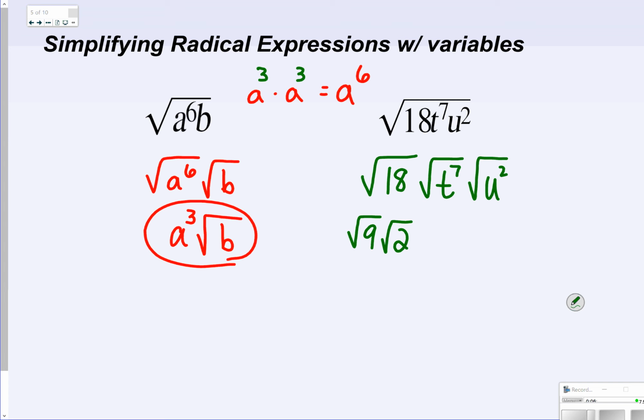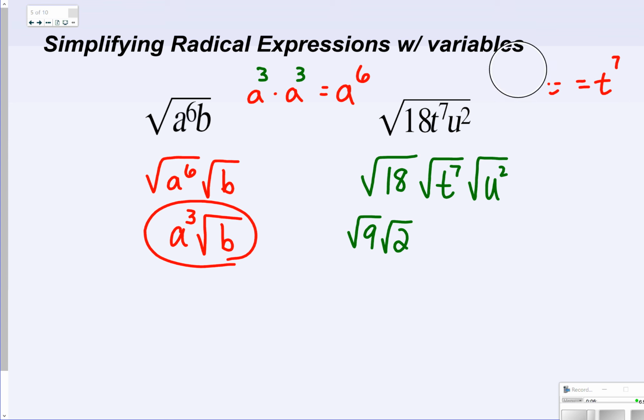Well, for t to the 7th, it's hard to think about what that number would need to be to give us 7. As a matter of fact, it would have to be a 3.5 and a 3.5. And we don't want to go to decimals when we're trying to simplify this.